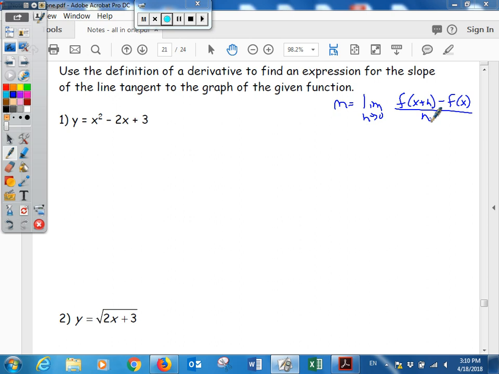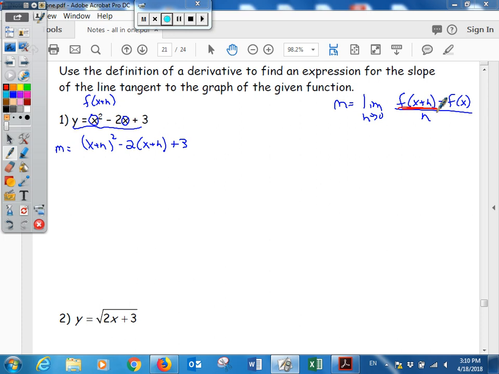So, starting with the formula, what I'm wanting to do when I'm finding f of x plus h is take this whole equation, and in place of the x's, I'm going to substitute an x plus h. So m is equal to x plus h squared minus 2 times x plus h plus 3. Okay, so all of that is your f of x plus h.